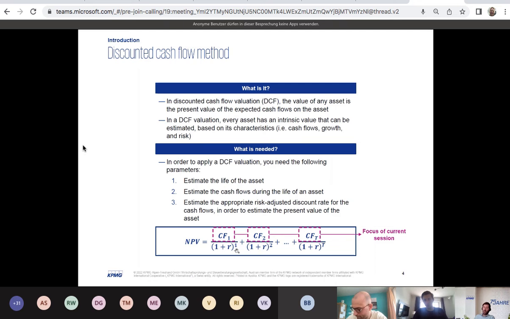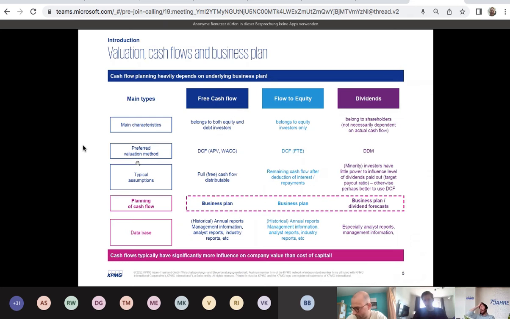And today we will focus on the first part of the equation, on the cash flows. It's very important, if we talk about cash flows, that we differentiate between the different kinds of cash flows there are.